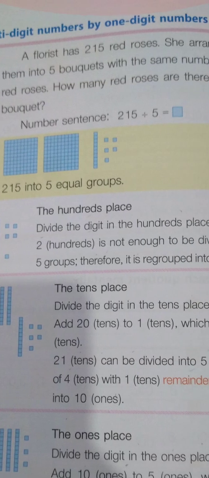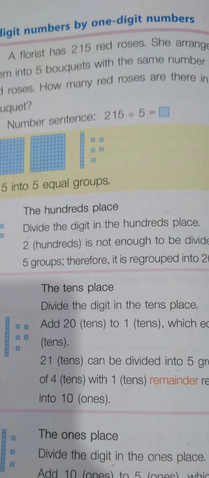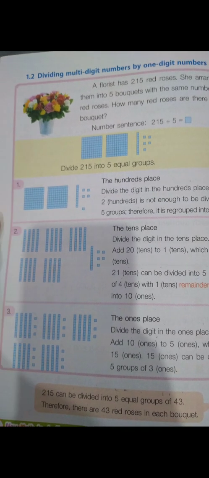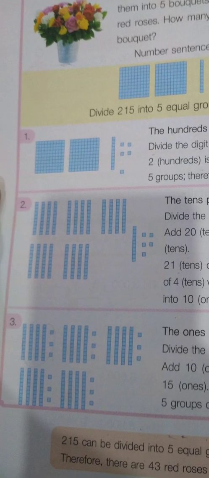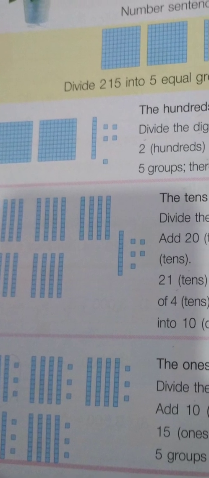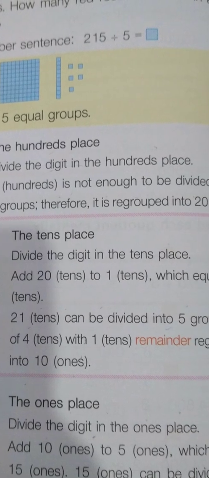So 200 is not enough to be divided into 5 groups. Therefore, it is regrouped into 20 tens. So this is 20 tens. The tens place: divide the digit in the tens place.